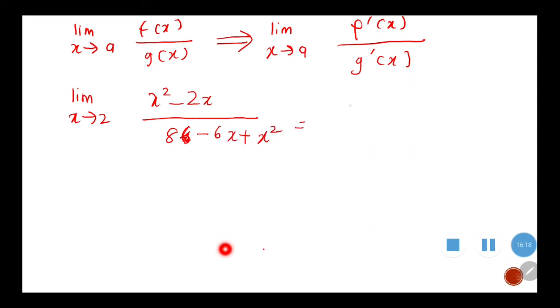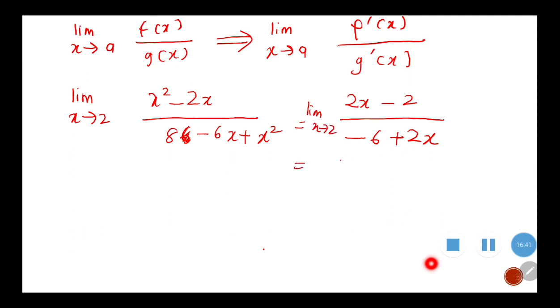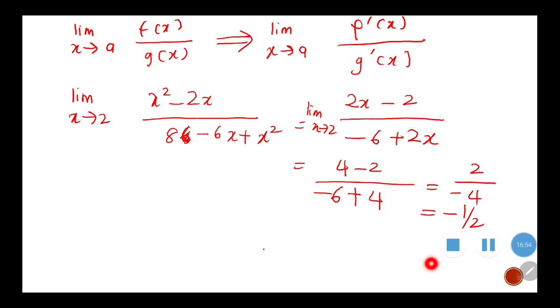Okay, differentiate both sides, both levels. 2, and then this one has no x here, so just forget that, and minus 6 plus 2x. So put in the limit x equal to 2 here, and you get 4 minus 2 minus 6 plus 4, so it should be 2. Okay, easy, right?